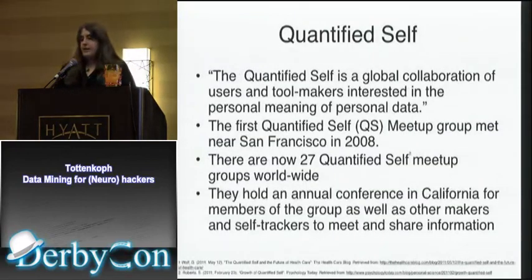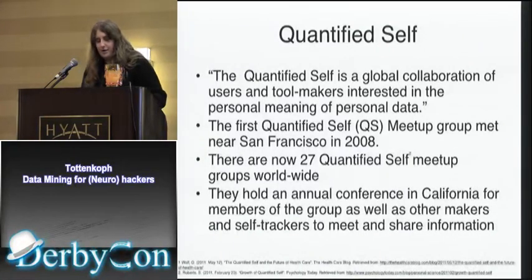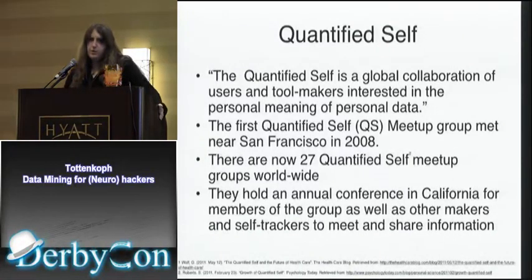So the quantified self movement, which Nikki was asking about, thanks, is a global collaboration of users and tool makers interested in the personal meaning of personal data. Basically, it's people who are interested in tracking every little thing about their day-to-day lives and then using it.